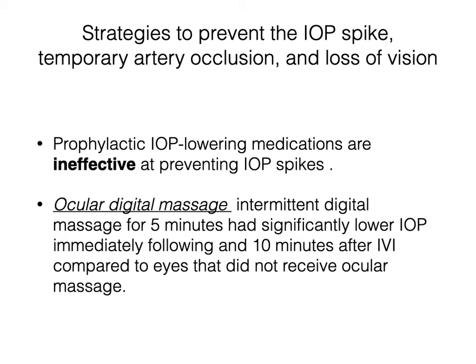Fortunately, nowadays all intravitreal injected drugs, the effective dose is in 0.05 milliliter, where intraocular pressure spikes are very rare, and paracentesis is not a step of intravitreal injection anymore.